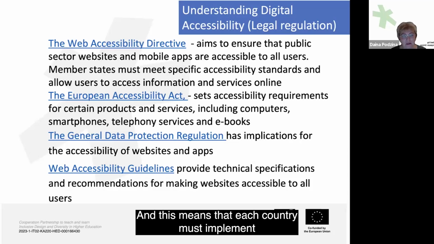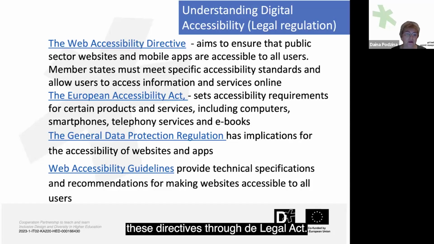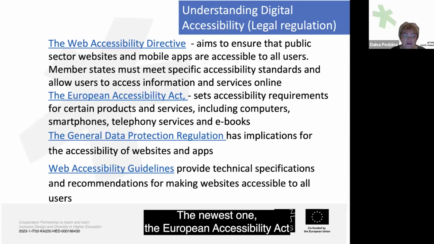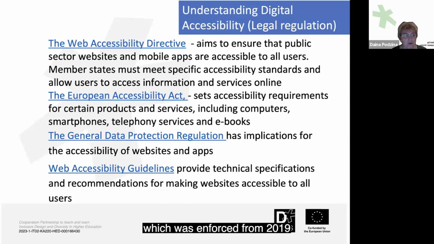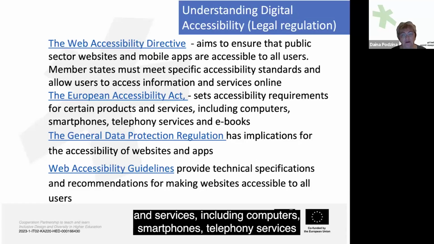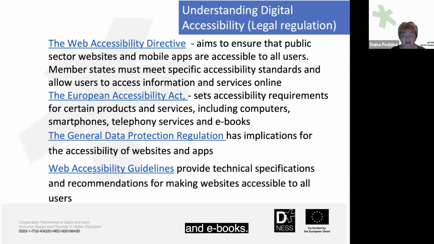This means that each country must implement these directives through legal acts. The newest one, the European Accessibility Act, which was enforced from 2019, sets accessibility requirements for certain products and services, including computers, smartphones, telephony services, and e-books.